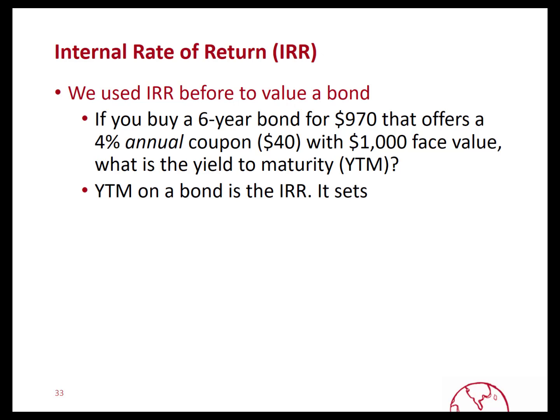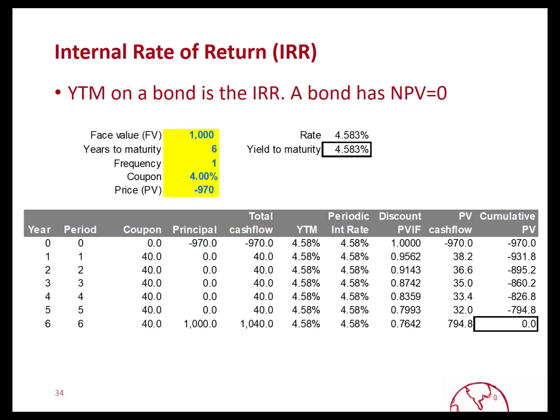So the yield to maturity on a bond is actually the IRR because it sets the present value of all the coupons and the face value equal to the price. As we saw here, with 6 years to maturity, annual coupons of 4%, and a price today of $970, you can see the cash flows, which are the coupons every year of $40 and the repayment of the face value in year 6.